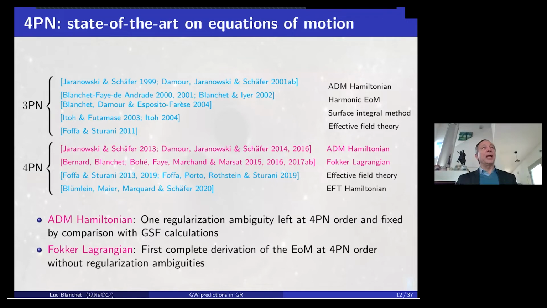So this is a full calculation from scratch using post-Newtonian approximation without resorting to other types of approach in order to fix ambiguity parameters. The calculation is completely unambiguous at the end, and this has also been confirmed by the effective field theory approach, both using a Lagrangian and Hamiltonian. So the state of the art at 4PN order is extremely satisfying on equations of motion.